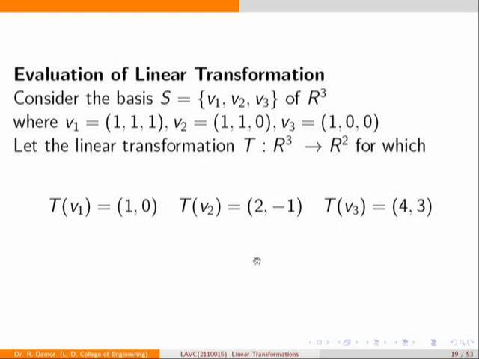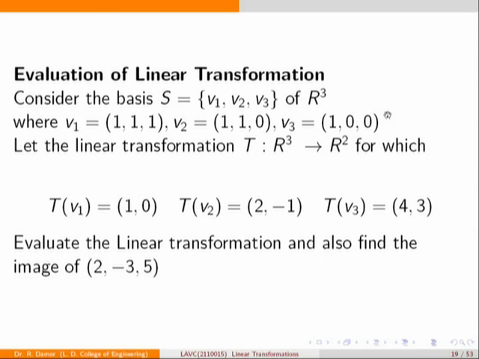So how do you do this? To evaluate the transformation using images, first check that this is your basis. Any vector in R3 can be written as a linear combination of these three vectors. This is the fundamental thing for a basis: any vector in the vector space can be expressed as a linear combination of its basis elements.